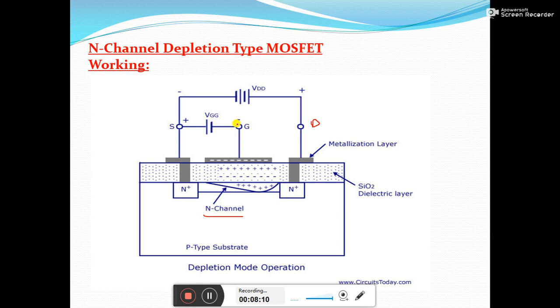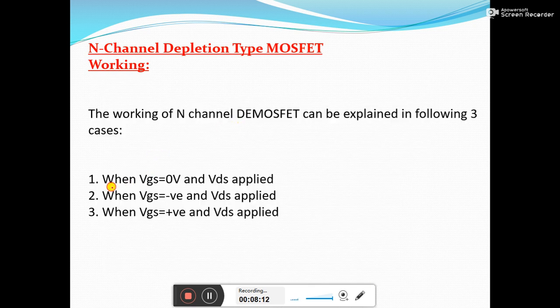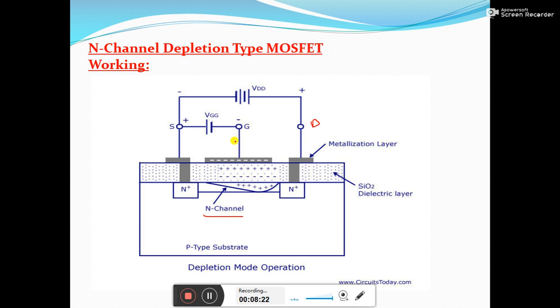So let us consider the first case. Whenever VGS is equal to 0 and VDS is applied, what happens? VGS equal to 0 means there is no potential applied, or you can say these two are shorted with each other. So whenever these two are shorted, what happens?